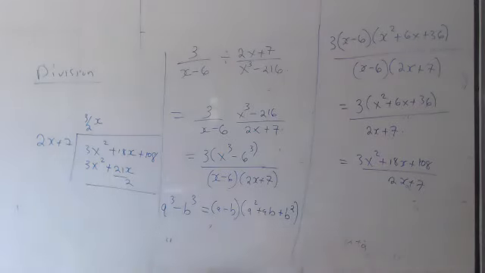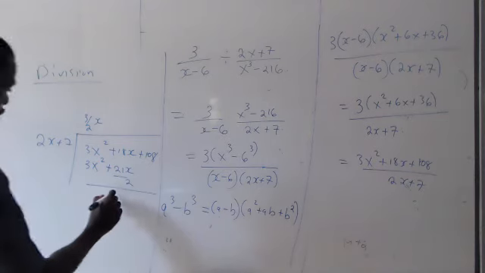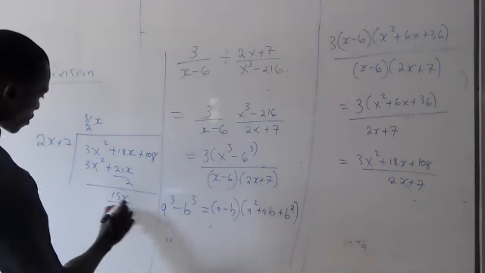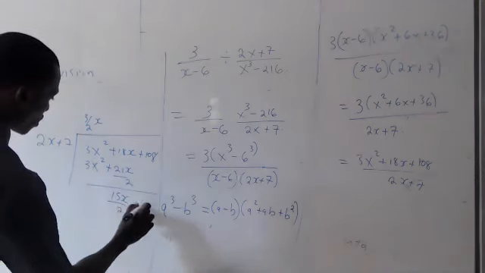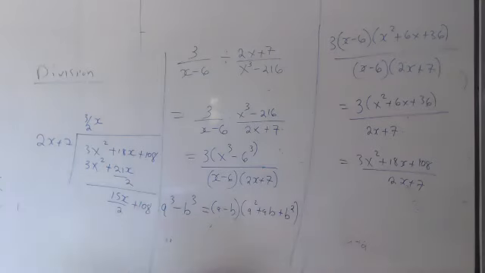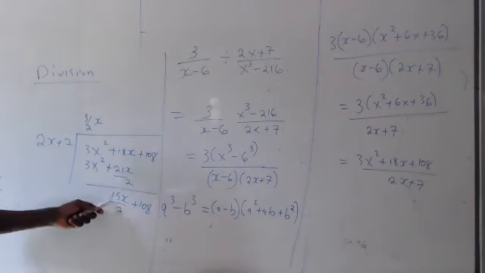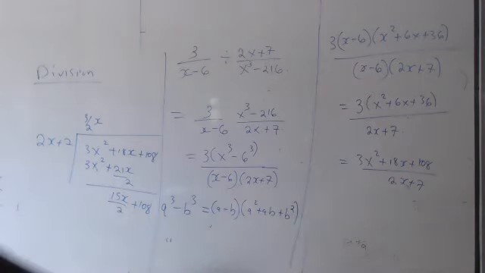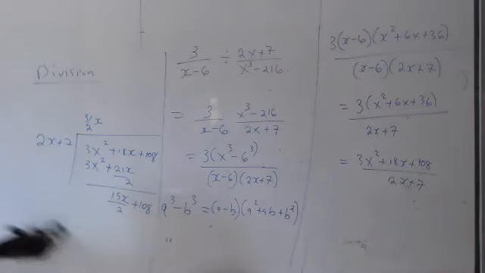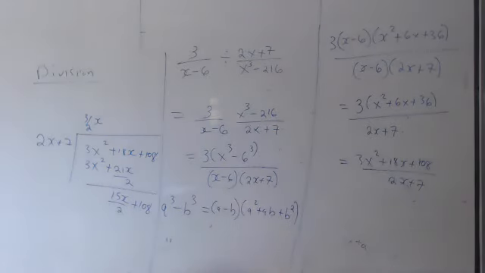18x minus 21x over 2, what's that? LCM is 2, so you get 36 minus 21, which is 15x over 2, plus 108. And then how many times will 2x divide this first expression, 15x over 2?